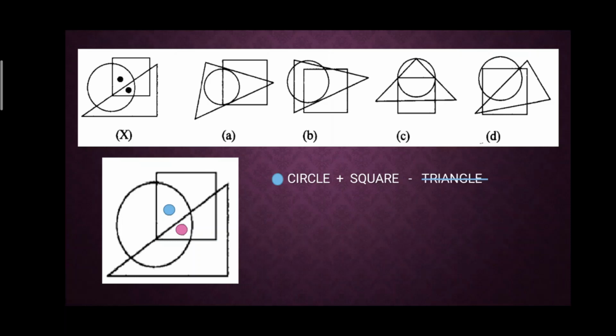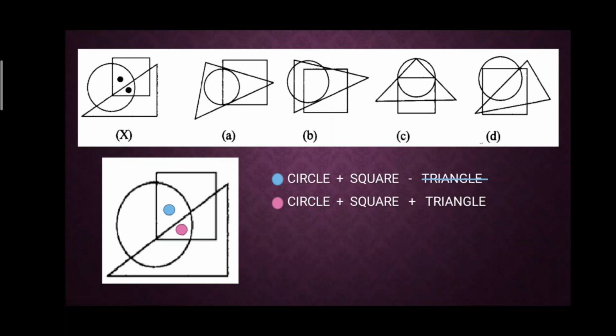Instead of looking at the figures for every option, I'll look at what the dots mean. Now the pink dot represents what? It represents a circle, a square and a triangle, that is the area that is enclosed by all these three figures. So when you look at the answer figures, don't get confused about the area.